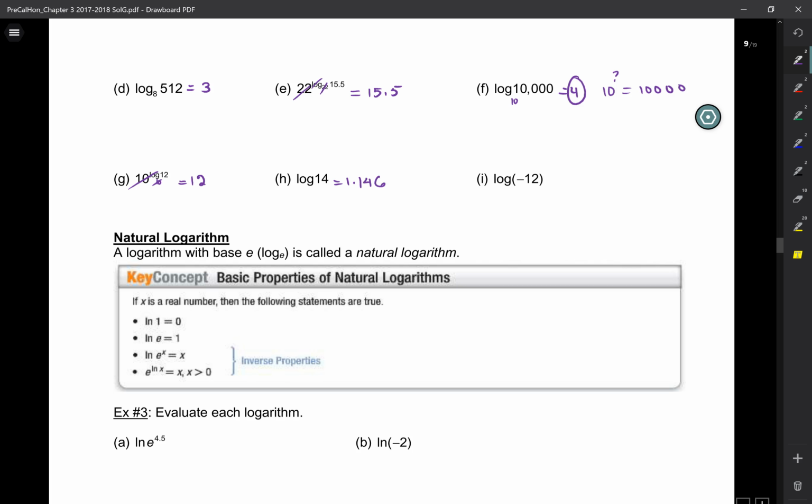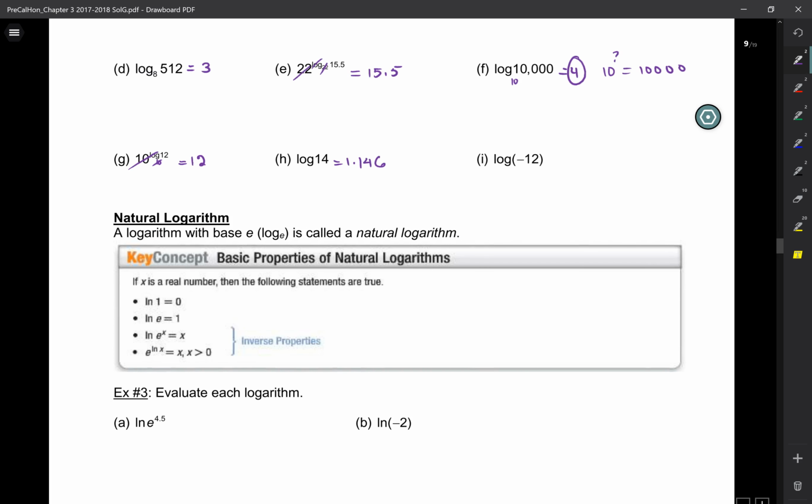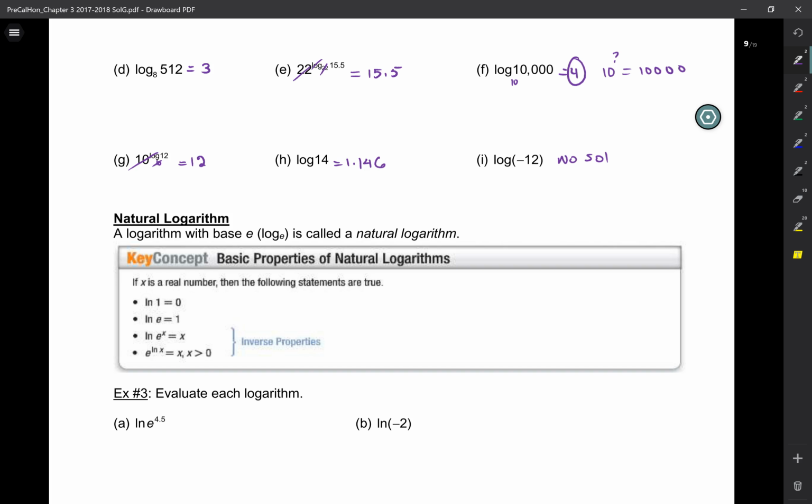What about log of negative 12? Doesn't exist. No solution. Because log is only defined for positive values, right? So because the logarithm is an exponent, you can never raise something to an exponent and get a negative number, right? Okay.